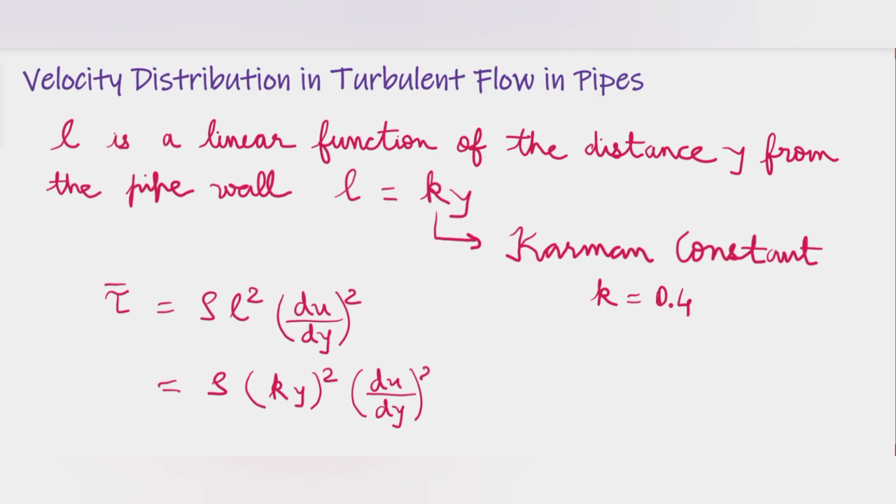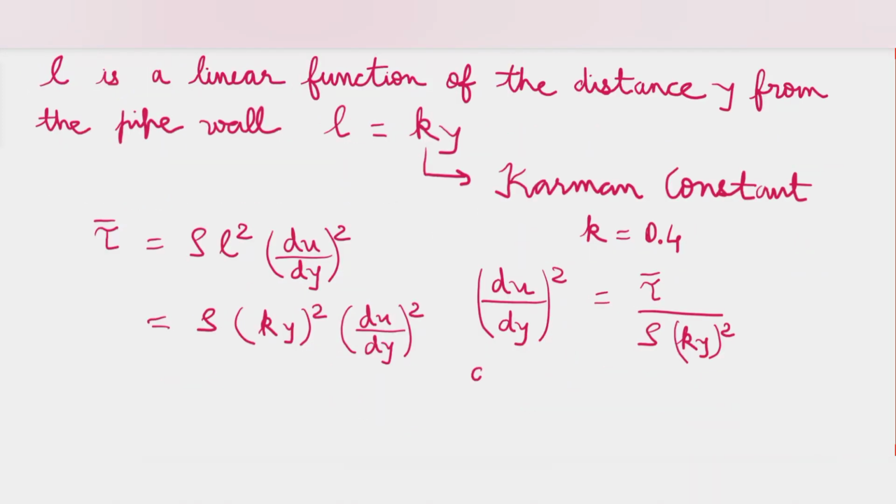Now this du by dy whole square is equal to tau bar upon rho ky square. Therefore we can write that du by dy is equal to under root of tau bar by rho into 1 upon ky. This tau bar we can also write as tau.